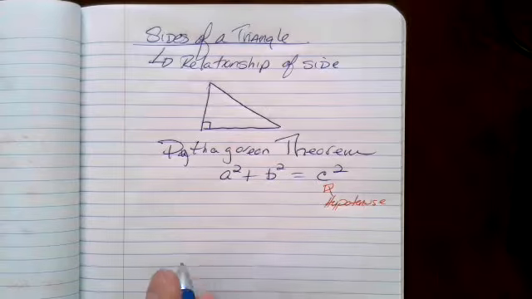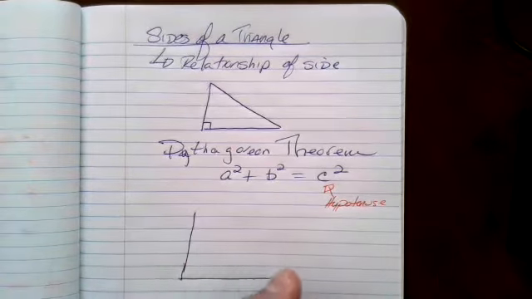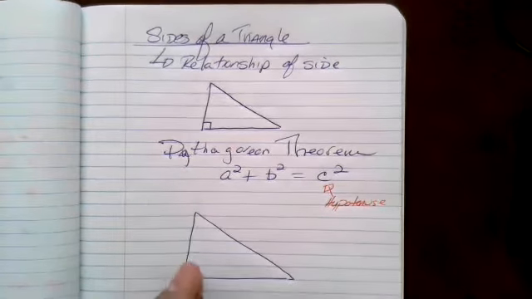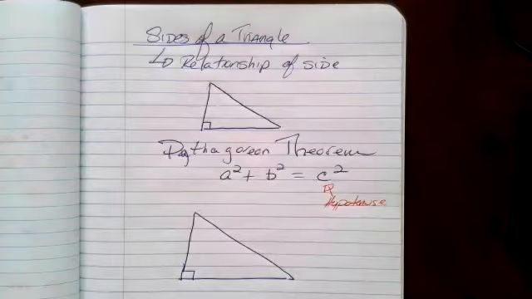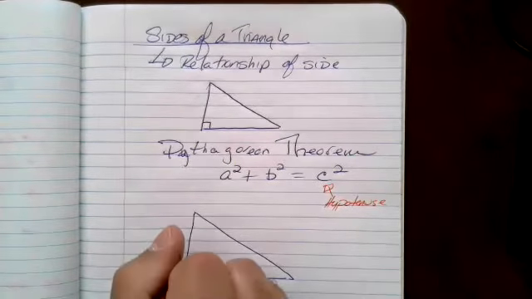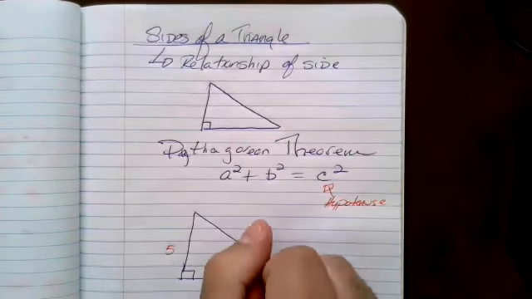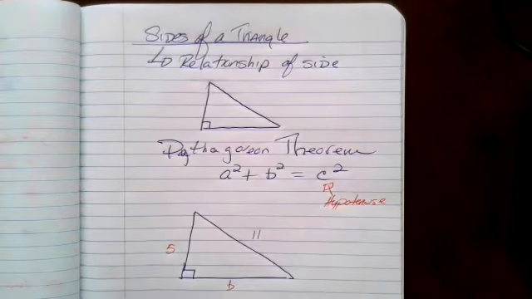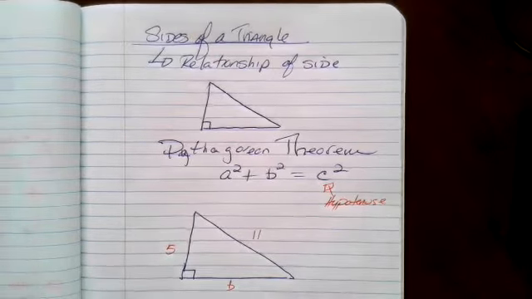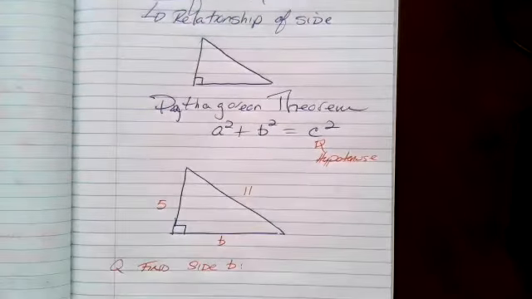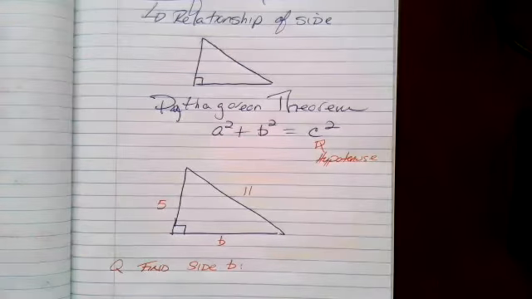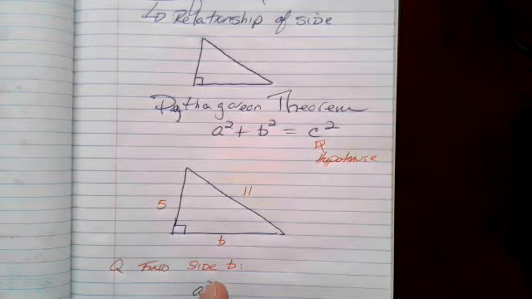Right? And again, I'm sure this is all review, so let's do one real quick. So if I said A is 5 and C is 11, find side B, you're going to be able to do that for me. I'll give you a second to work on that. So I know that A squared plus B squared equals C squared.